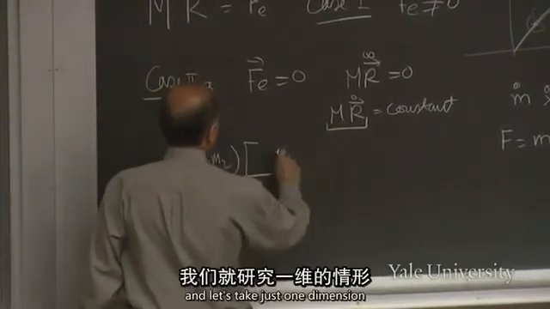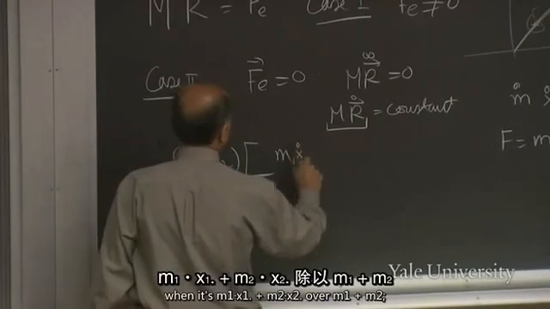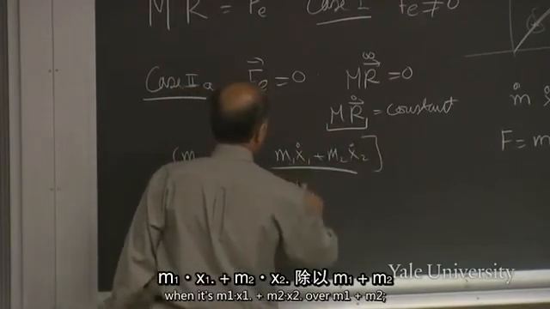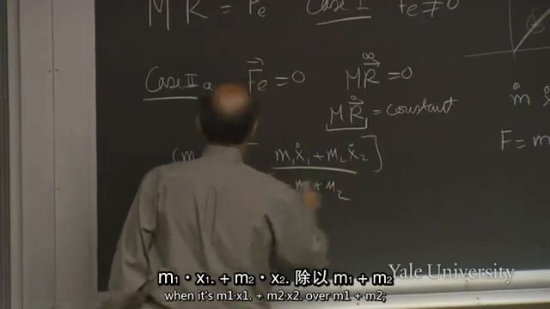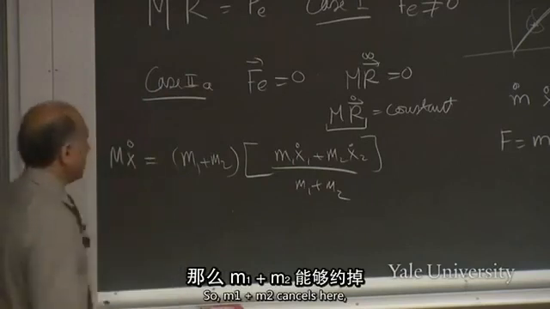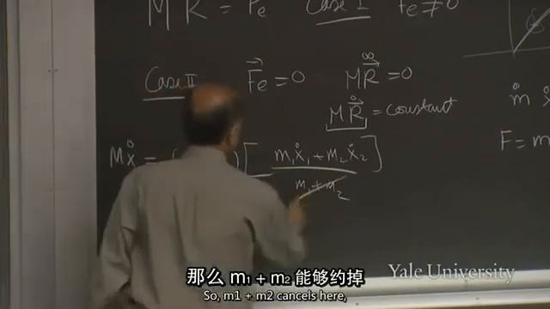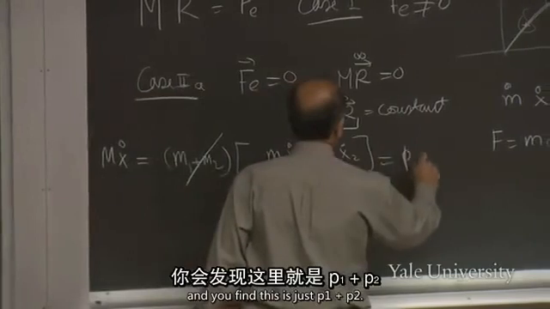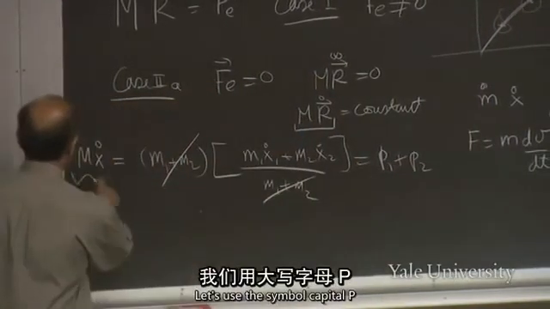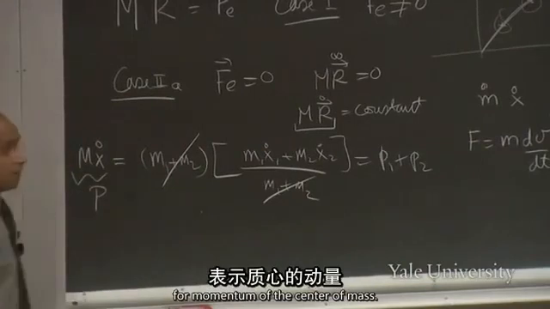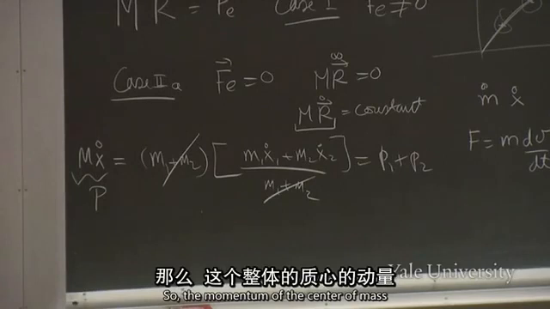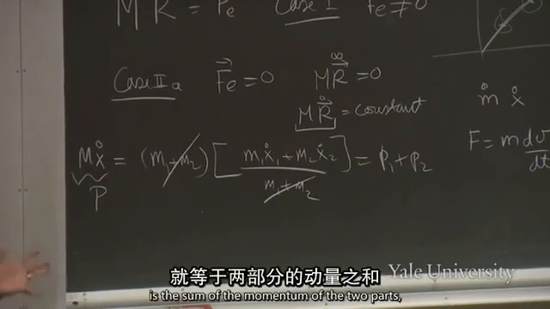And let's take just one dimension, when it's m1 x1 dot plus m2 x2 dot divided by m1 plus m2. That is what m x dot is. So m1 plus m2 cancels here, and you find this is just p1 plus p2. Let's use the symbol capital P for momentum of the center of mass. The momentum of the center of mass is the sum of the momenta of the two parts.